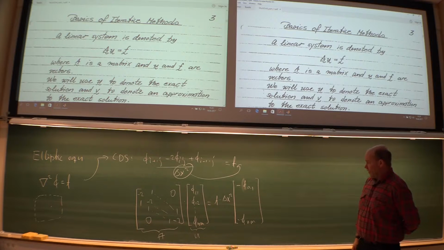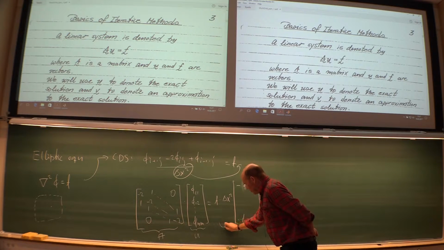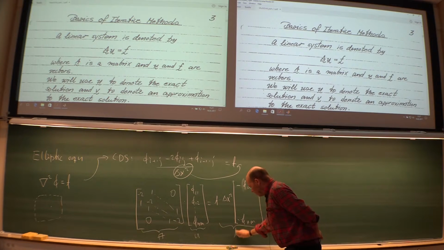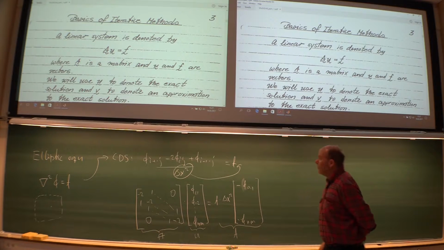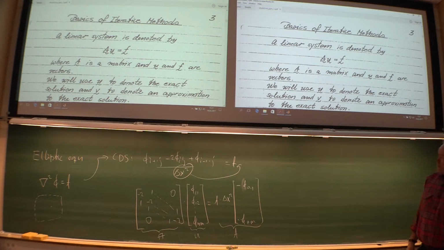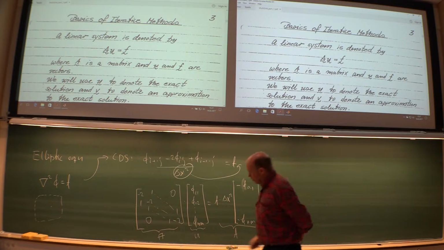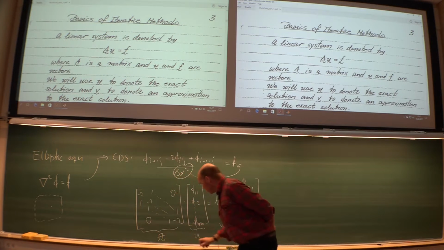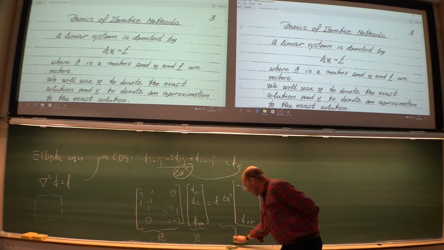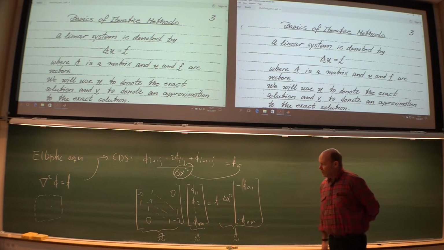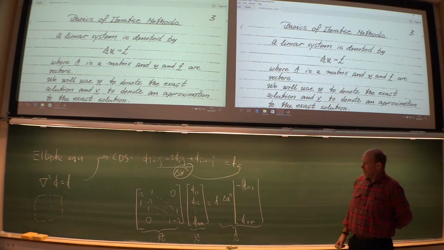And the right-hand side, which is known, of course, we just call it some f. And as a notation, he uses a wave under his symbols to mark this is a matrix, vector, and a vector. So that is the problem.